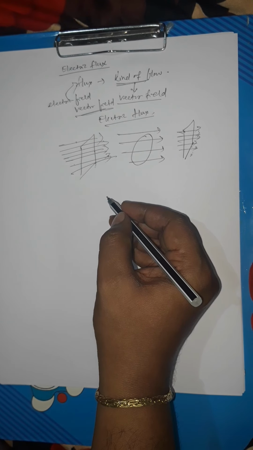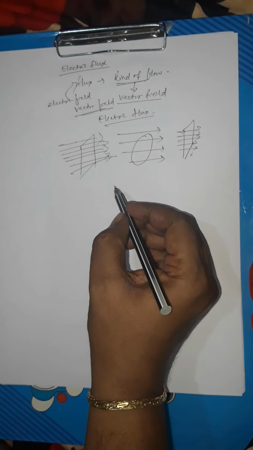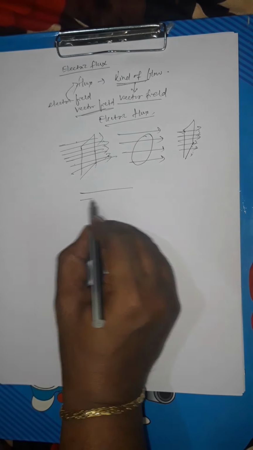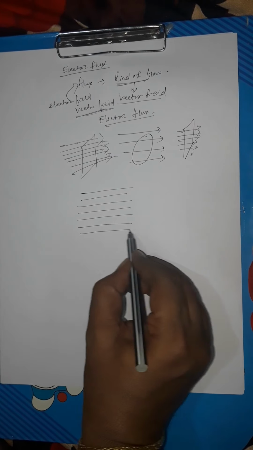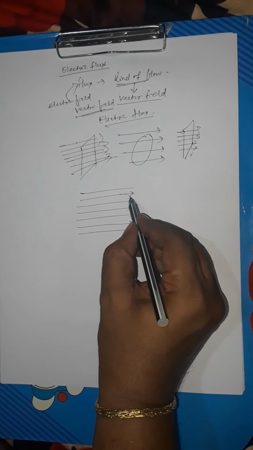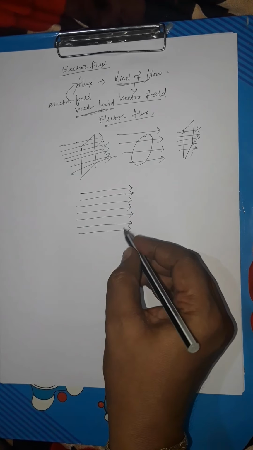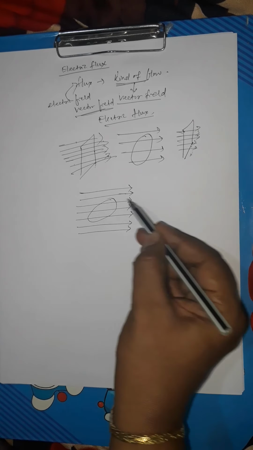Now let us find out the electric flux through different types of surfaces, according to different orientations. For example, suppose I take a uniform electric field represented by a parallel set of electric lines of force, and a surface oriented like this.